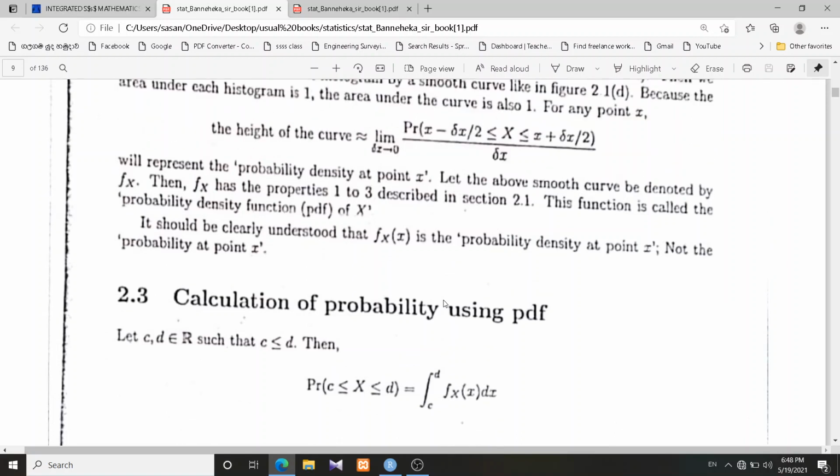Once you integrate, this delta x stands in both the denominator and the numerator, so you can cross it. Once you cross it, on the left hand side there is the probability density function.